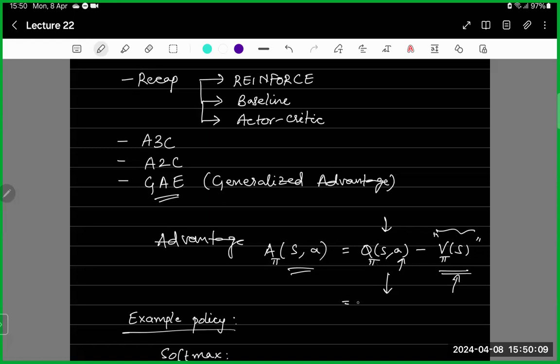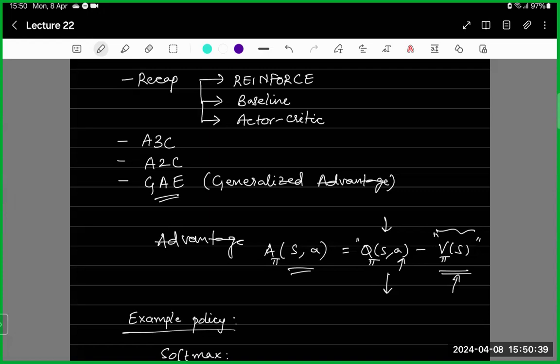One more thing is that this generalized advantage estimation comes from the concept of lambda returns. For example, one of the students asked whether, if you want to implement this in your policy update, we should maintain a separate Q network and a separate value network.